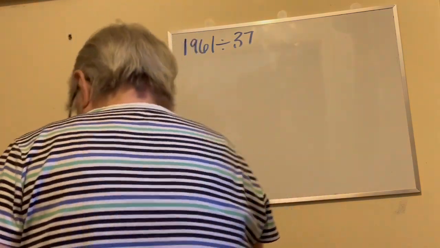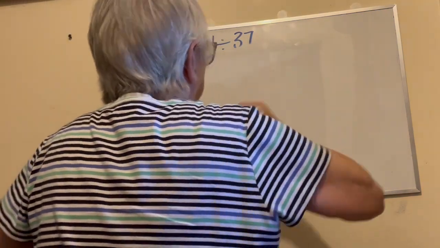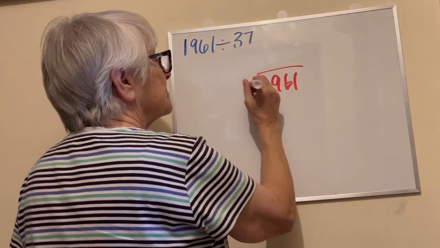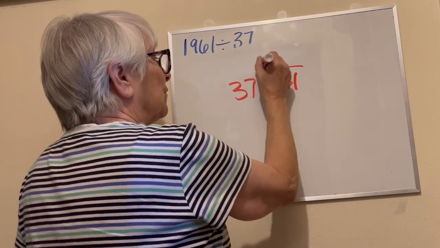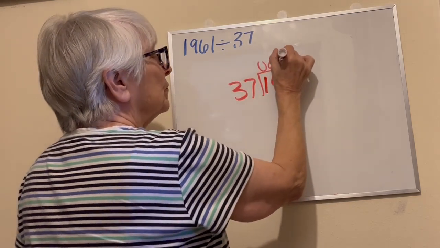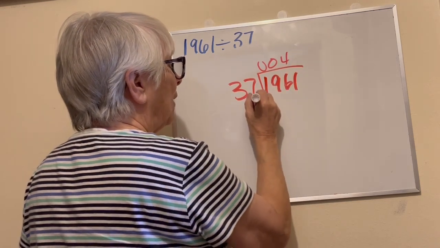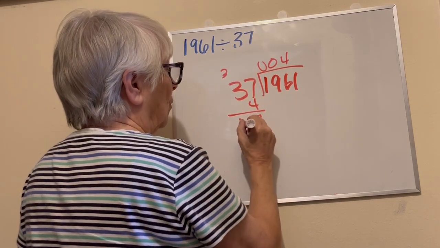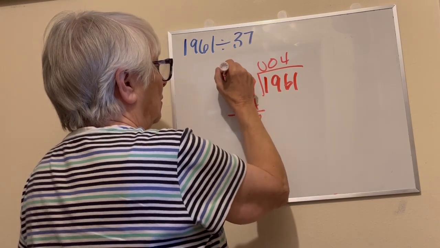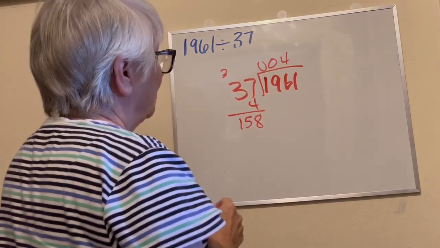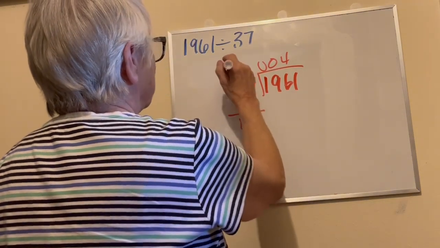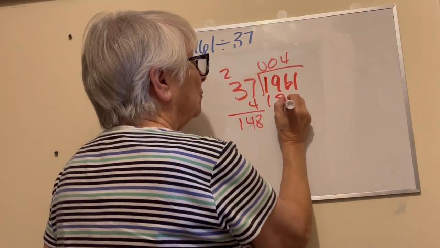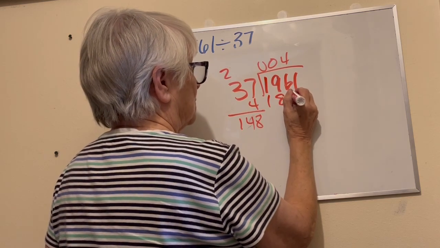Shall we do that one again and see what would happen if we continued that way? Okay, we got 4 here, and when we multiplied by 4, we got 148. And we wrote that down.